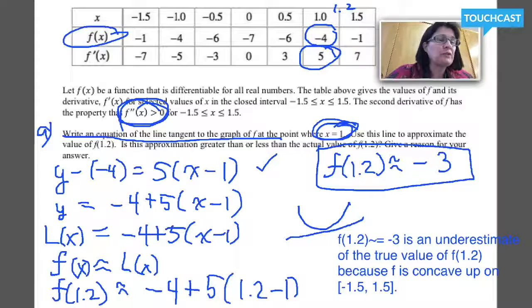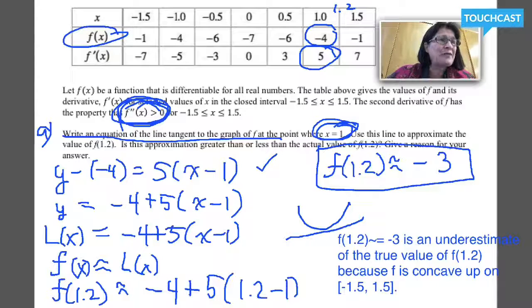So again, you have some options. Instead of concave up, you could have said something that means the same thing, which is what is circled here. You could have said because f double prime of x is greater than 0. That would have been completely equivalent to f is concave up. You could have given a smaller interval.